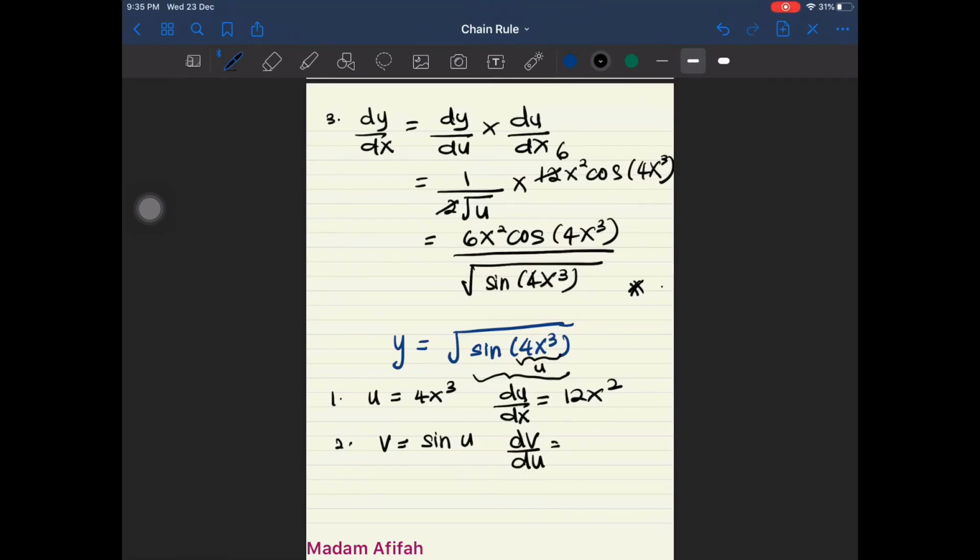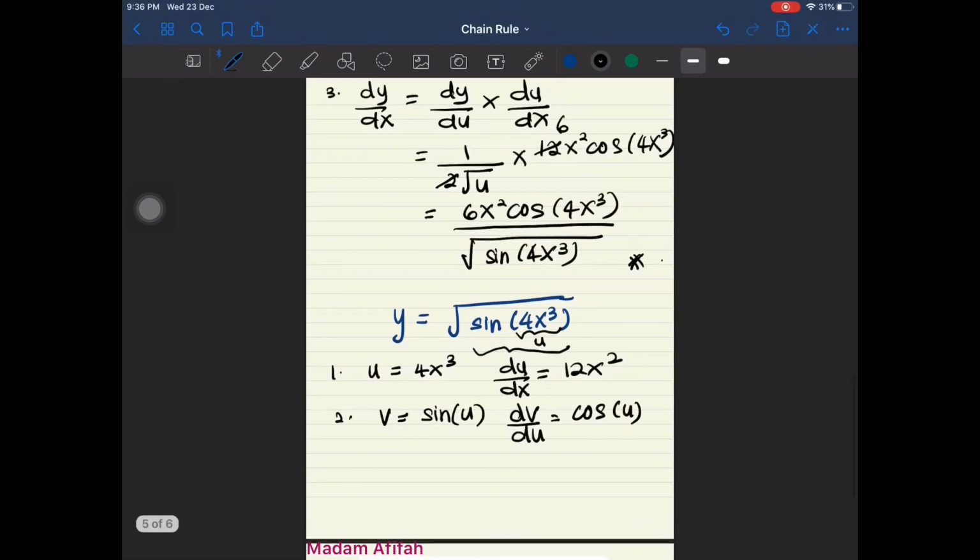Remember, when we differentiate, it is not always d over dx. You need to refer to your function. So in this case you have u, so you will have dv/du. So dv/du is equal to cos u.